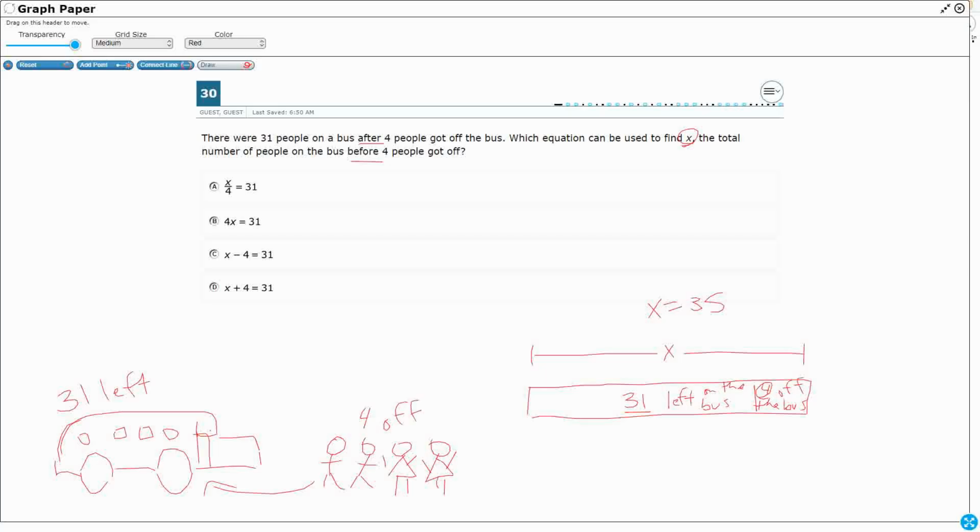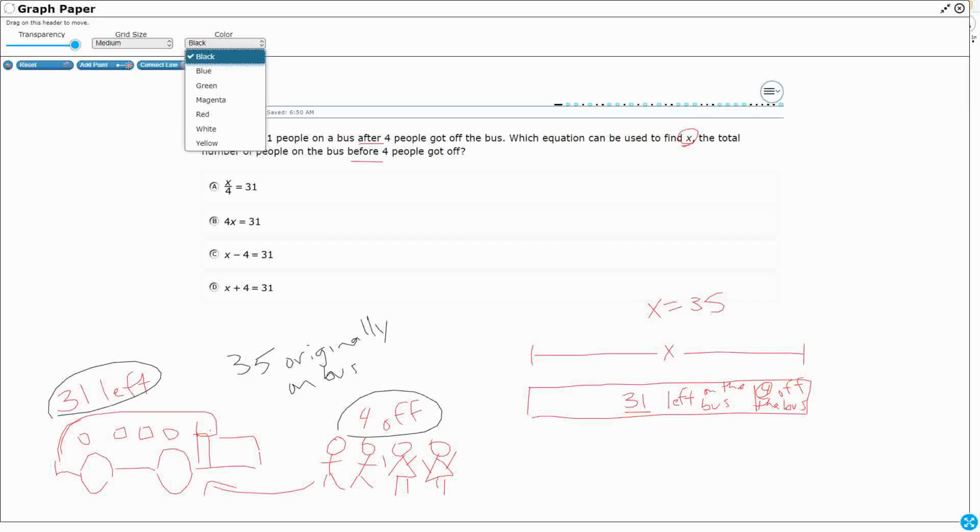If there were 31 left on the bus, there were 4 off the bus, you put those 2 together, there were 35 people originally on the bus. Now, how do we represent this in one of these equations? Because you notice that all of these equations have a 4, an x, and a 31. So they're not even looking for the 35. We can use that as a check, actually.